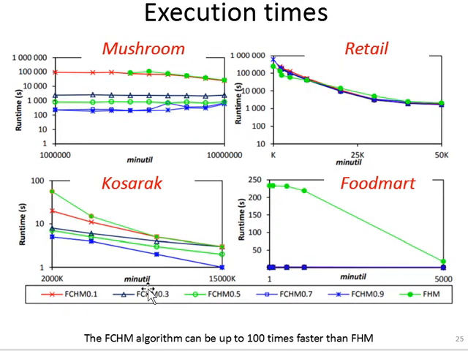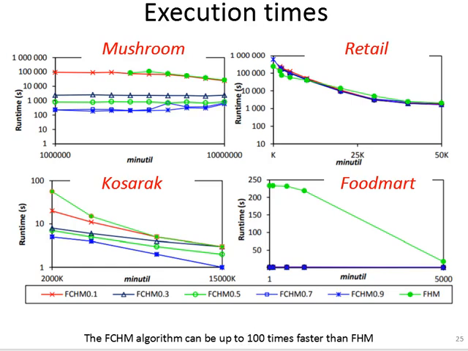In terms of execution time, we did the same experiment. We varied the minimum utility and looked at the time. And we can see that, again, we have the FHM algorithm, and when we use the bound measure, the minimum bound, it can be up to 100 times faster.